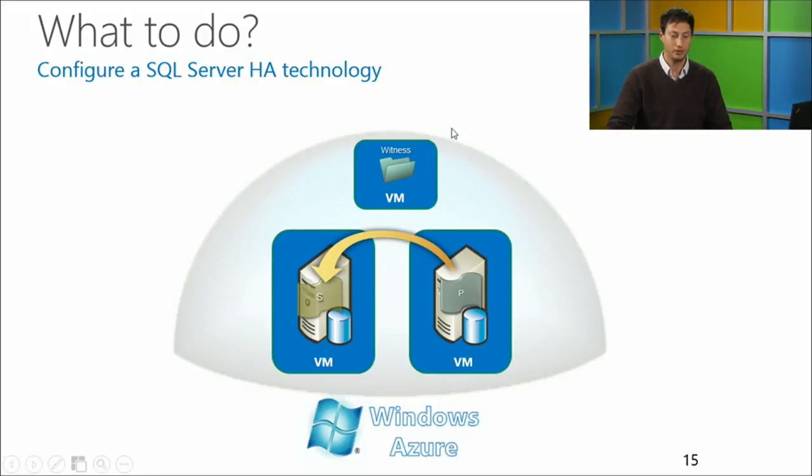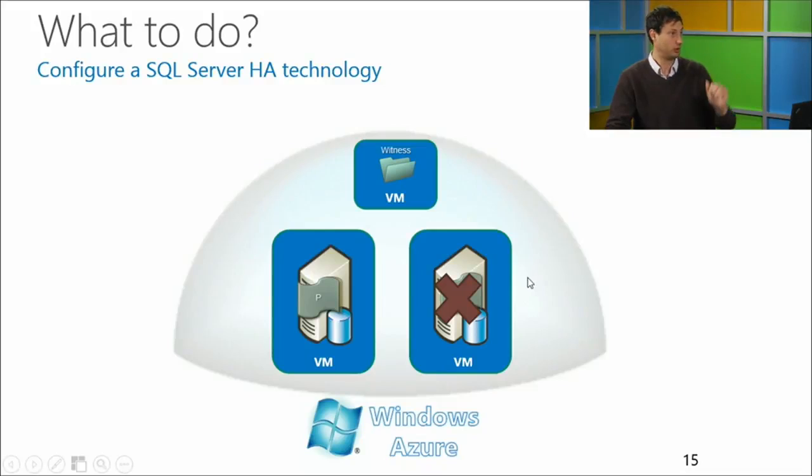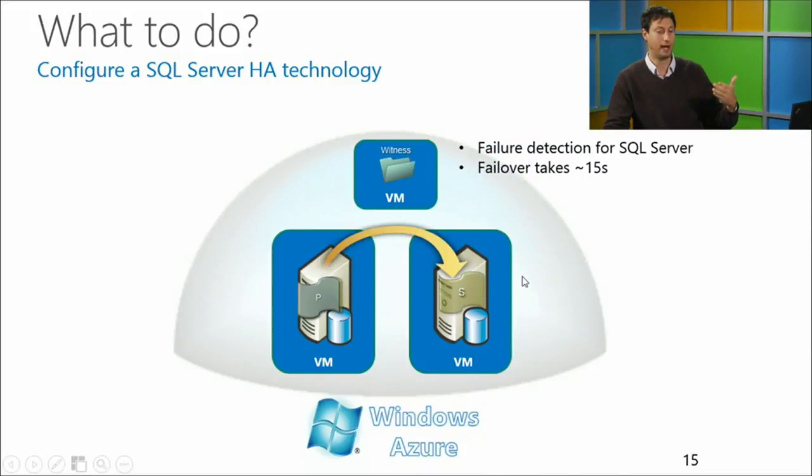So if, for example, the primary goes down, the secondary will automatically become the new primary, and your applications can continue running there. At some point in time, the previous primary will come online. Now it will come back as a secondary, and it will start resynchronizing transactions again from the primary. And that's how you can achieve high availability continuously in Windows Azure.